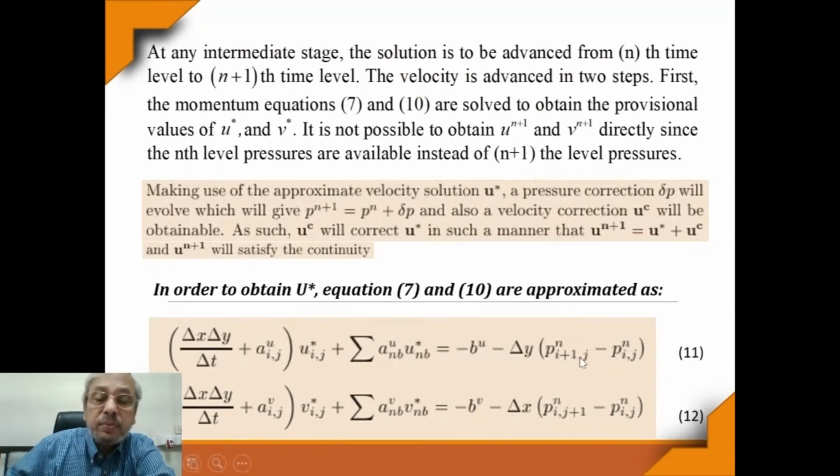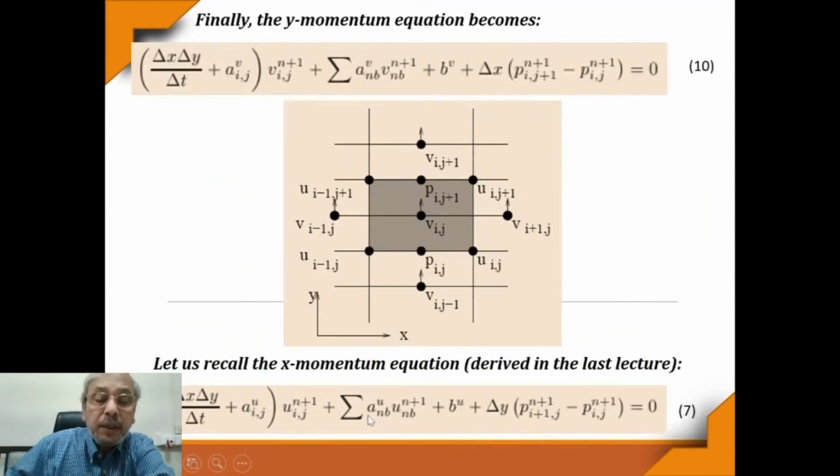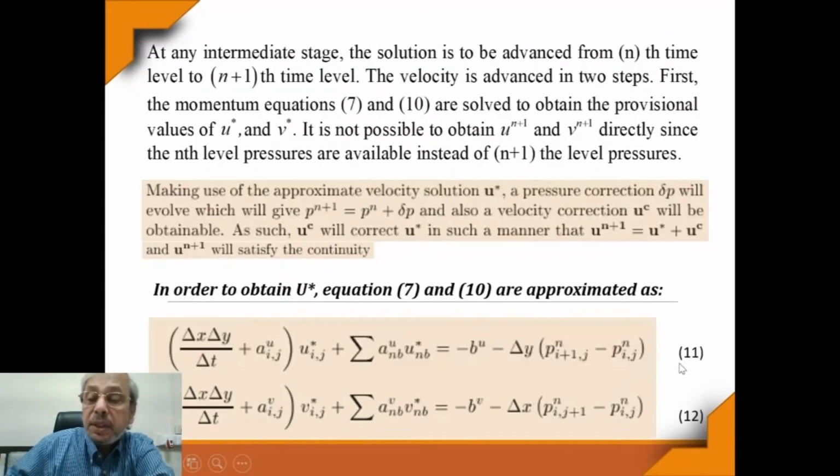Both are x momentum equations. In equation 7, everywhere we have written uij and their neighbors ui plus 1j, ui minus 1j, uij plus 1, uij minus 1 at the level n plus 1. And pressures are written at n plus 1. Whereas equation 11, this is also an x momentum equation, but all the velocities uij, ui plus 1j, ui minus 1j, uij plus 1, uij minus 1 are starred quantities.